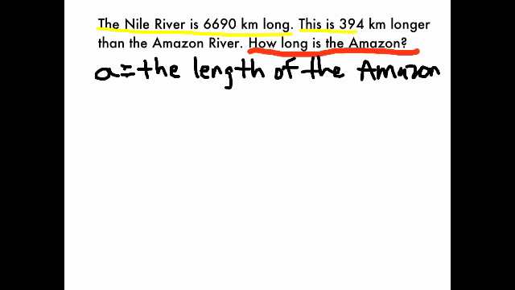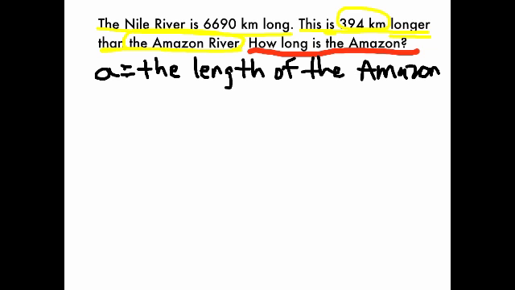This is 394 kilometers longer than the Amazon River. So what are the things that we have here? Well, we have the word is, which we know represents an equal sign. And we have the words longer than, so there's that than word again. And we have a couple values: 394 kilometers, and the Amazon River.